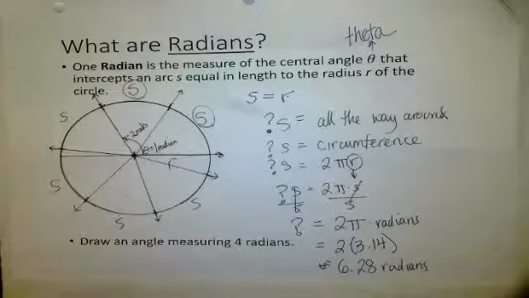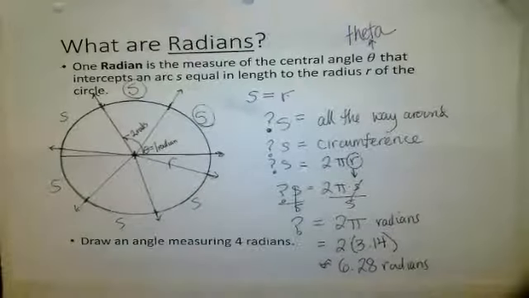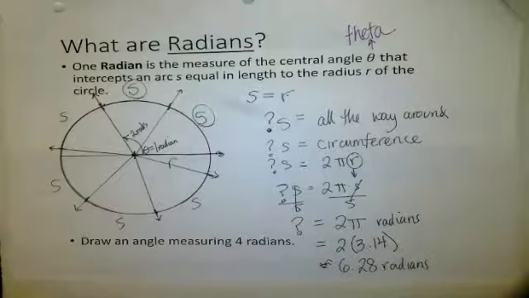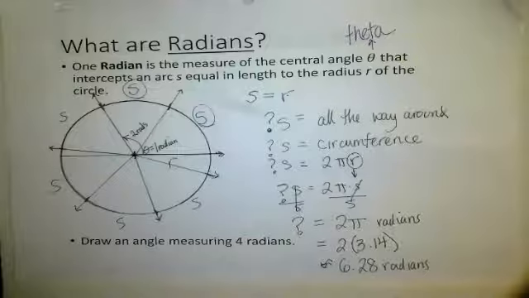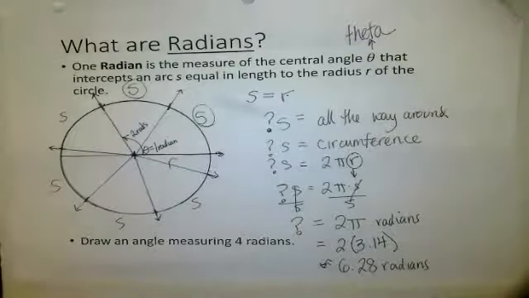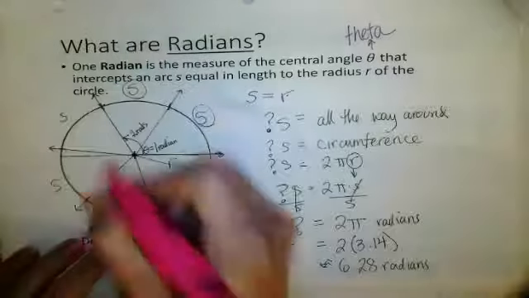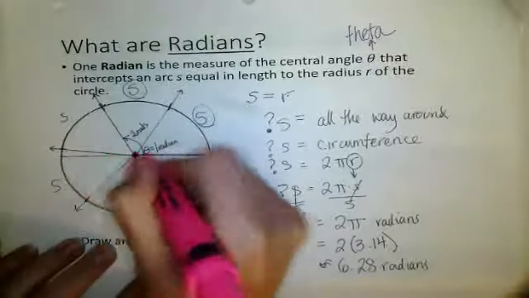And so if I said to you, draw an angle measuring 4 radians, what would you draw? 4 lines. What quadrant does the terminal side land in? Bottom right. The fourth. It lands on the initial side.